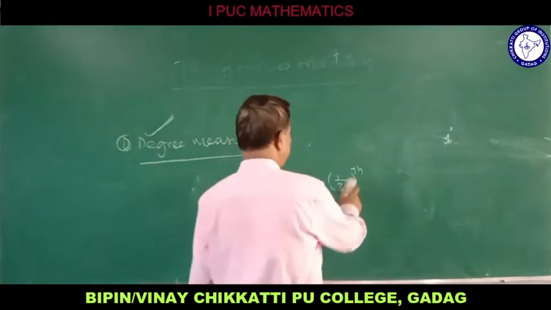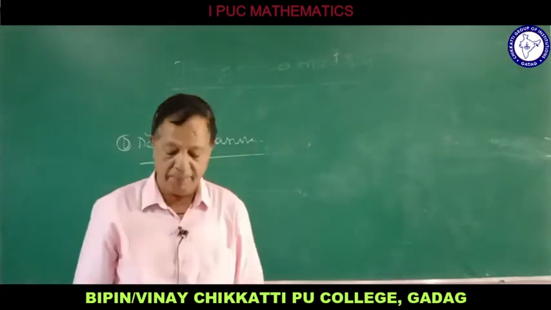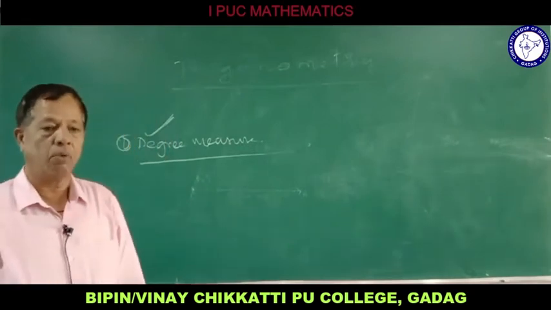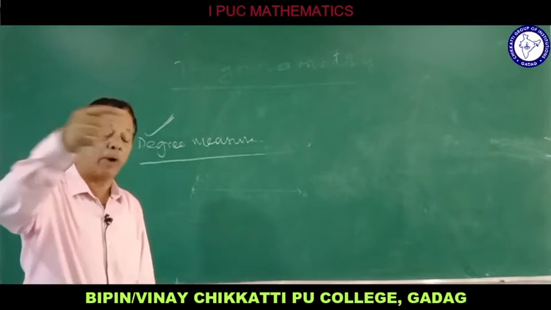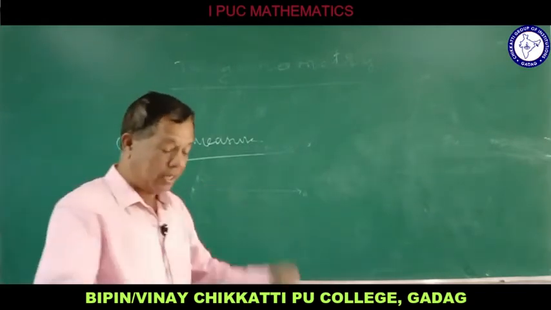In short, degree measure is nothing but the 1 divided by 360th part of 1 revolution in a circle. That is called 1 degree.